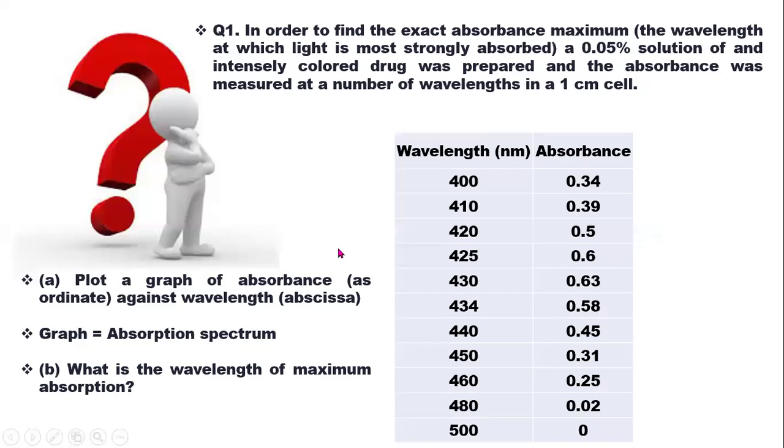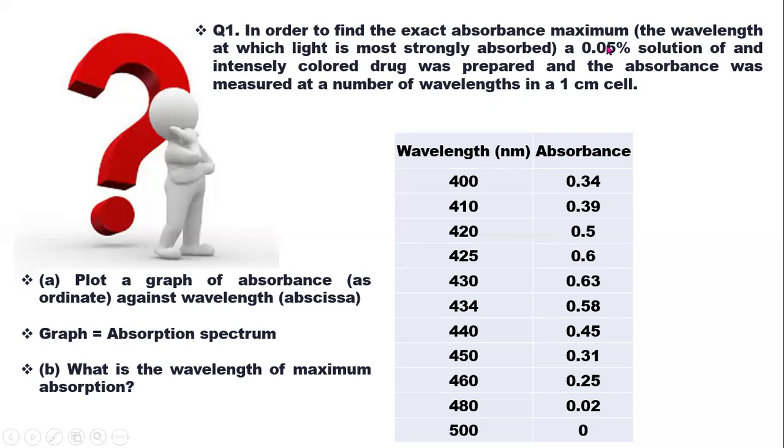So now let's look at the exercise that you are supposed to answer. Let's quickly look at it and answer it. This is question 1: in order to find the exact absorbance maximum, that is the wavelength at which light is most strongly absorbed, a 0.05% solution of an intensely colored drug was prepared and the absorbance was measured at a number of wavelengths in a 1 centimeter cell or cuvette.